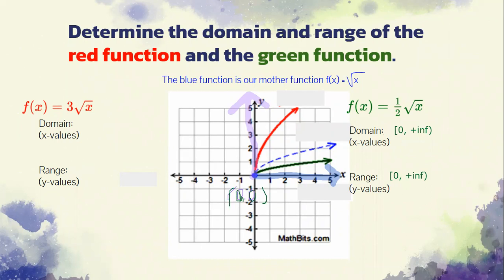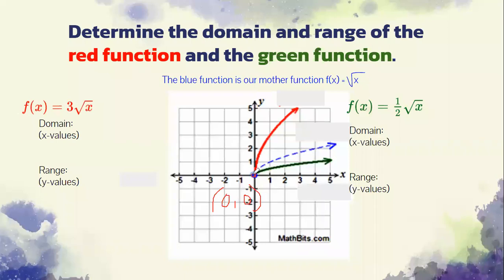Now let's evaluate our red function, 3 times the square root of x. It has a vertical stretch of 3. So again, our locator point is at 0, 0, right here. Our domain is all possible x values.